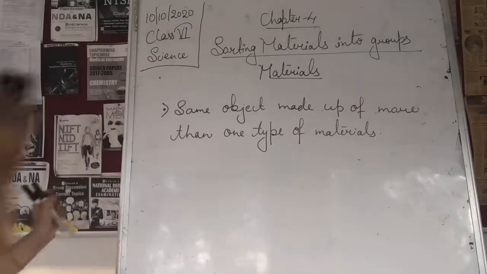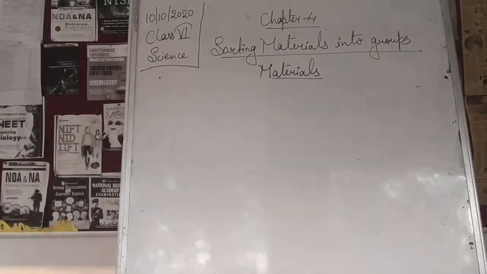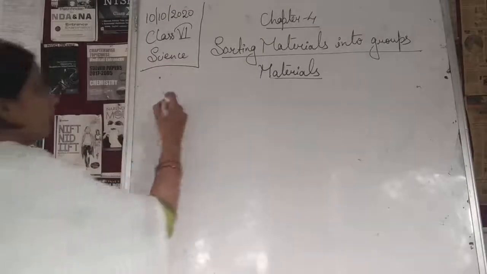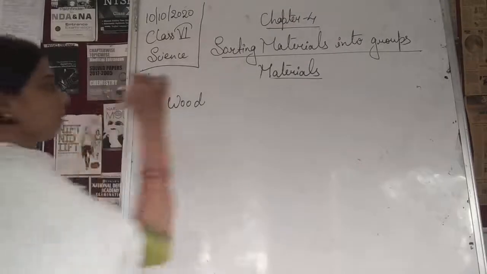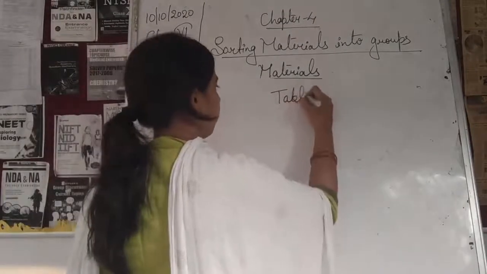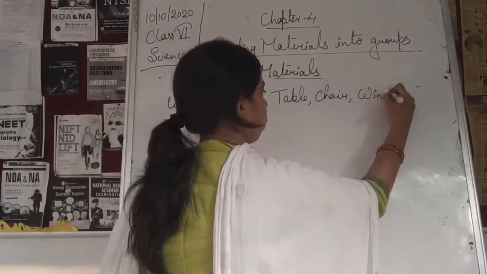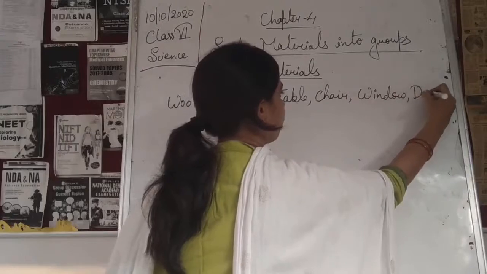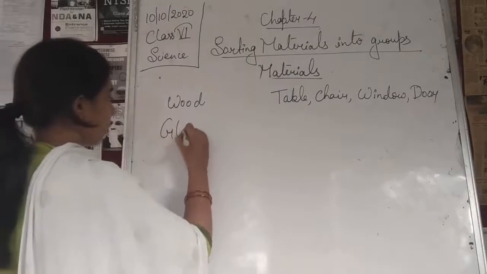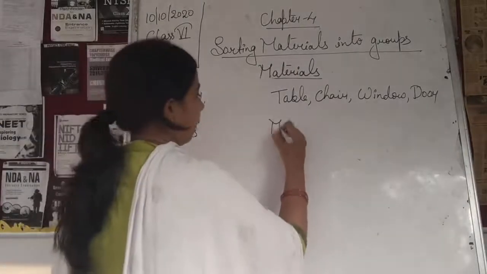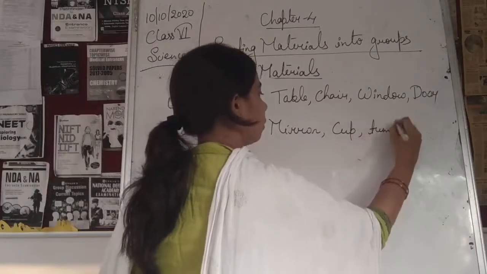So you see, again I am making a table, and on the basis of that we will try to understand. This is wood. And this is what? Table, chair, window, door. Then glass: mirror, cup, tumbler.